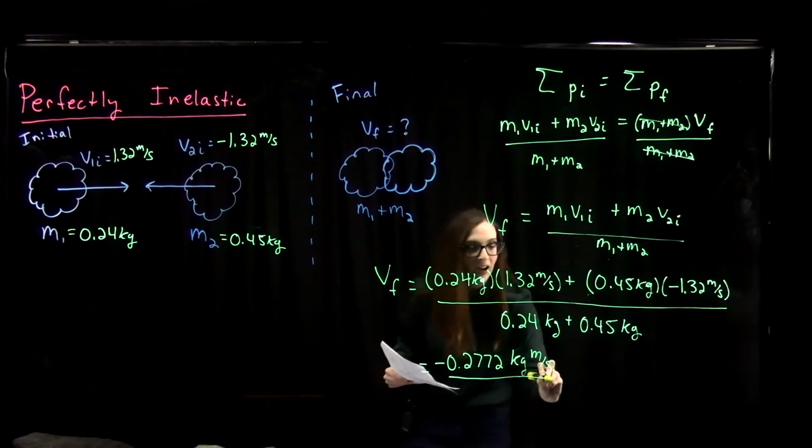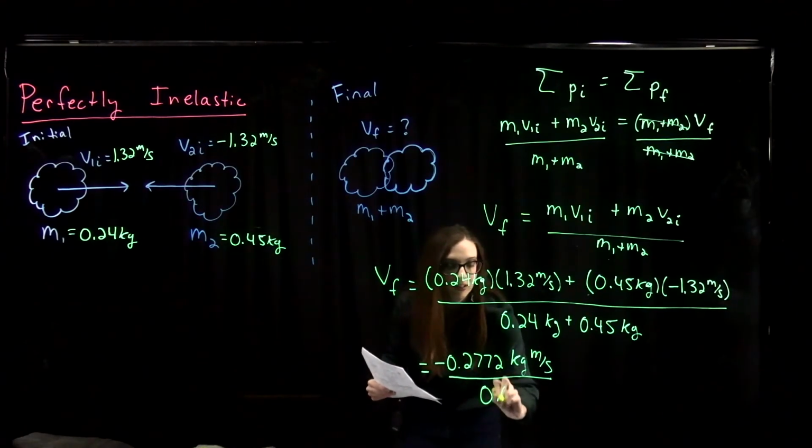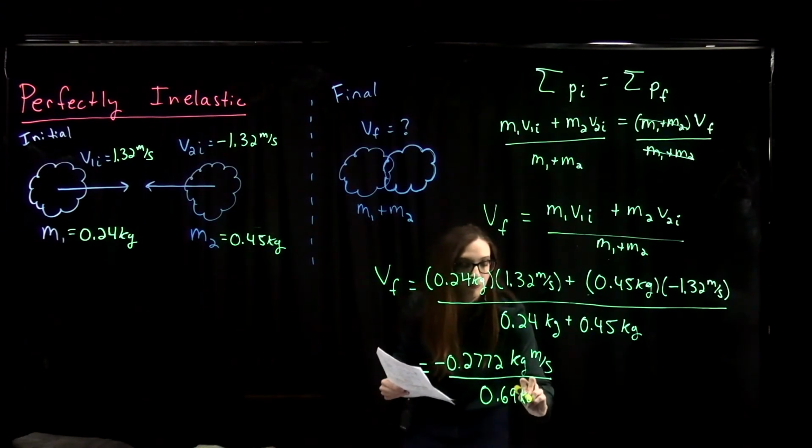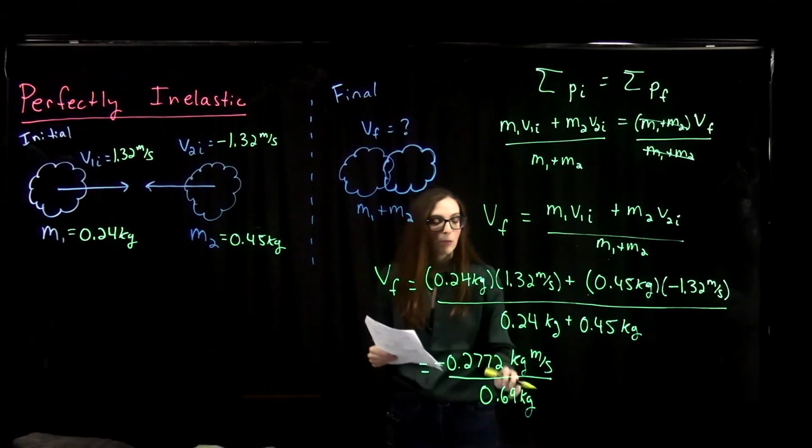And then we're going to divide that by the sum of these two masses, which is going to be 0.69 kilograms. So I have minus 0.2772 divided by 0.69.